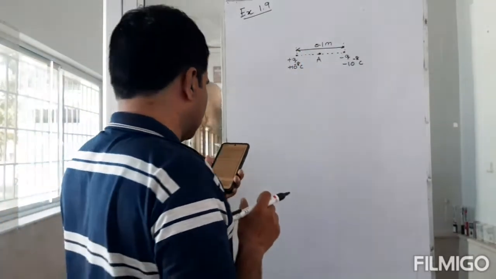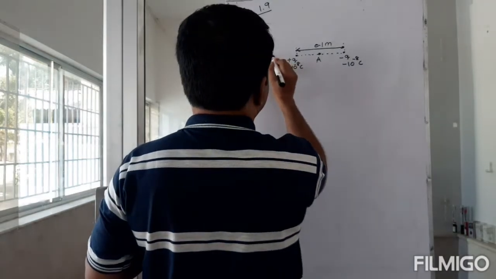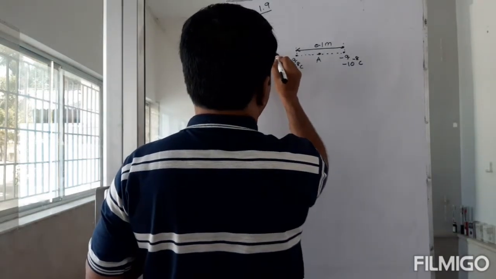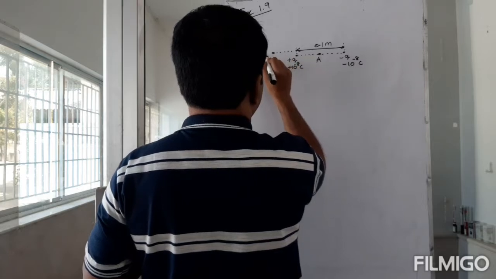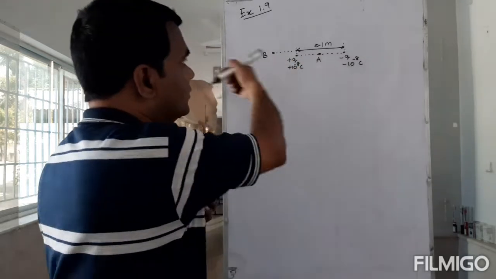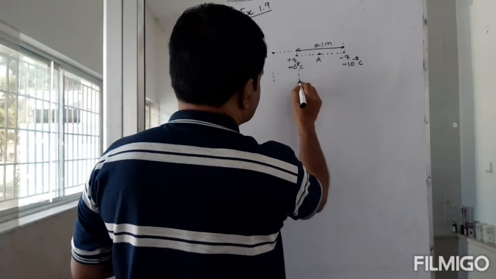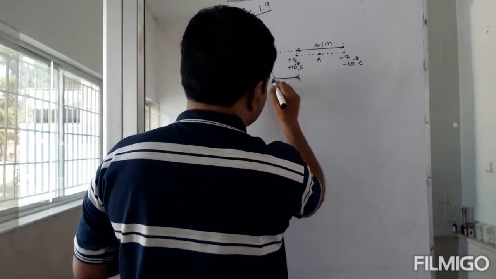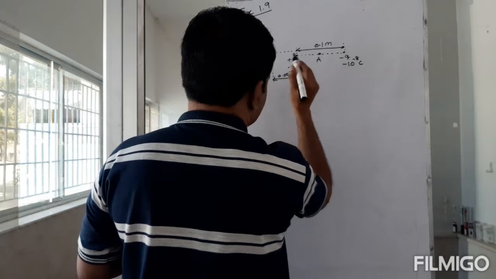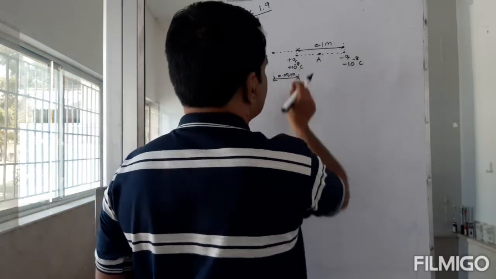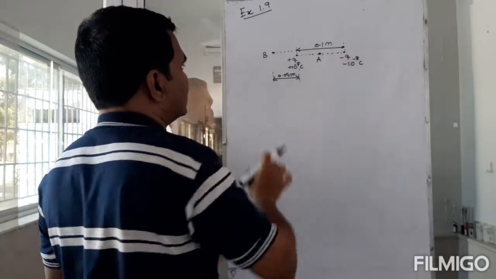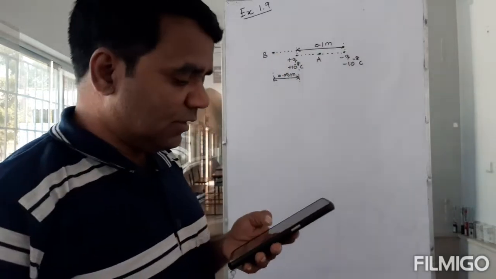Secondly, at B, which is 0.05 meter from the positive charge. So this distance is 0.05 meters. So half the distance, right? Half of this 0.1 meter. So that's B.